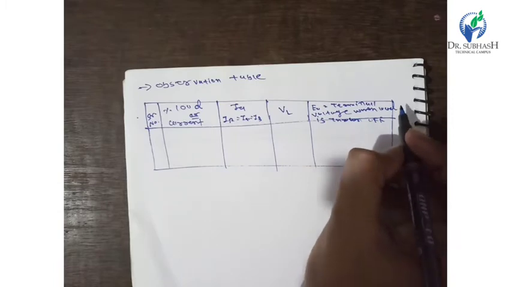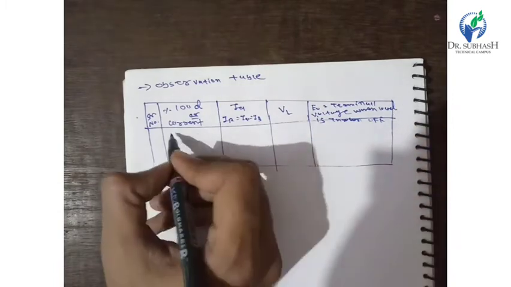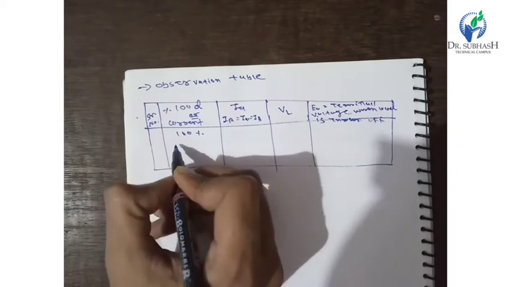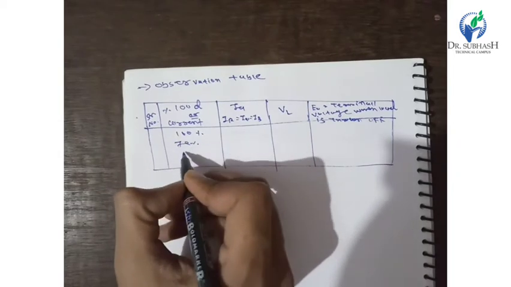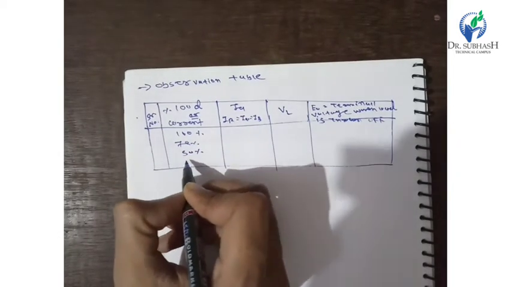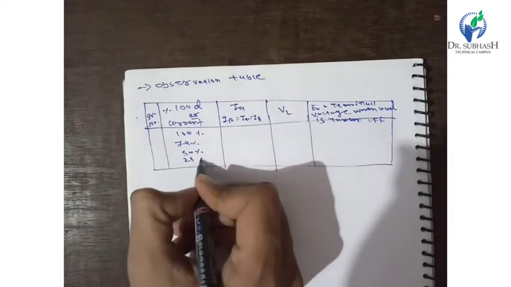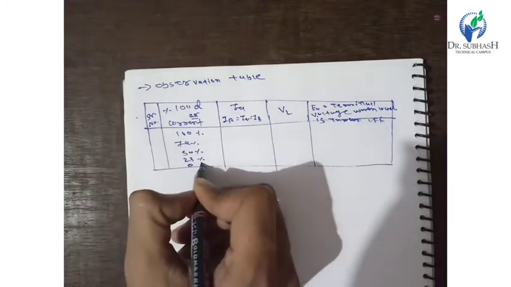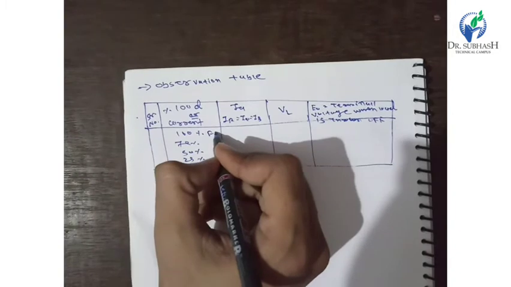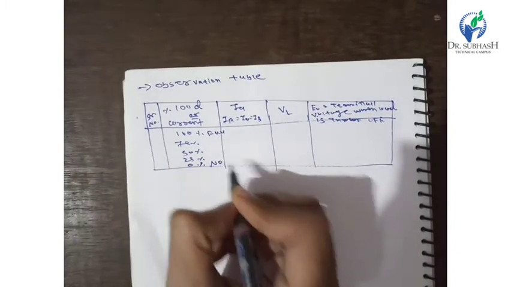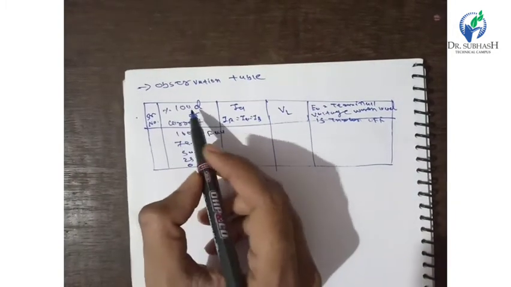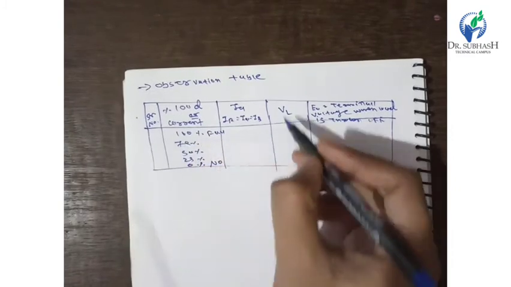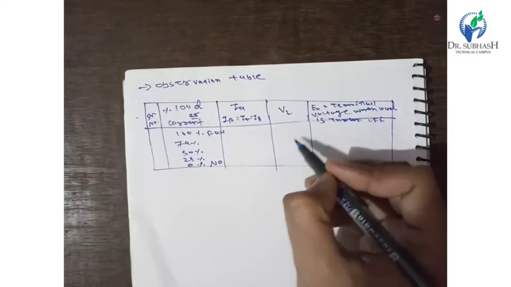These are noted for the 100% full load condition, 75% condition, 50% condition, and 25% or 0%, that is the no load condition, at various load points. Here the voltage on load is the rated value.